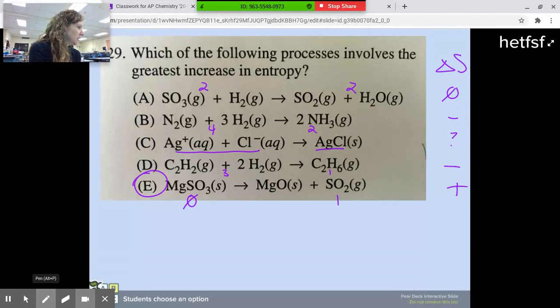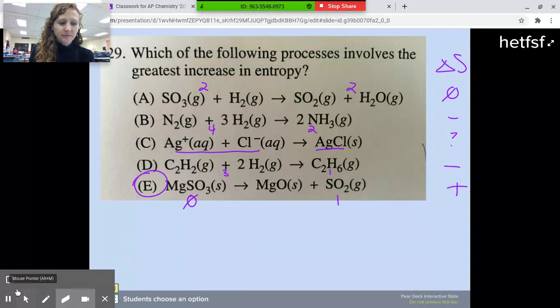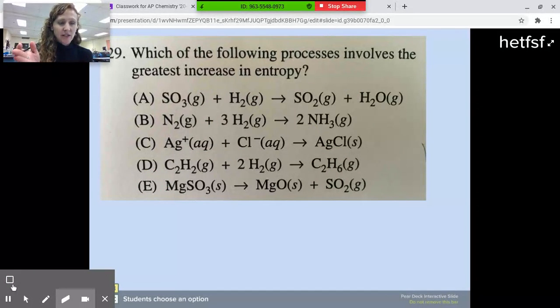Any questions on that one? So really, we're just dealing with this conceptually right now. And the whole idea really comes back to those 4 or 5 different postulates. Phase changes from a solid to a gas.